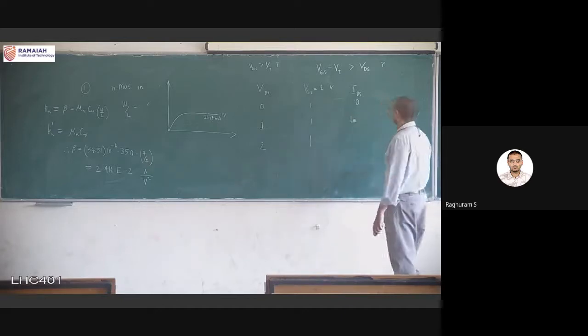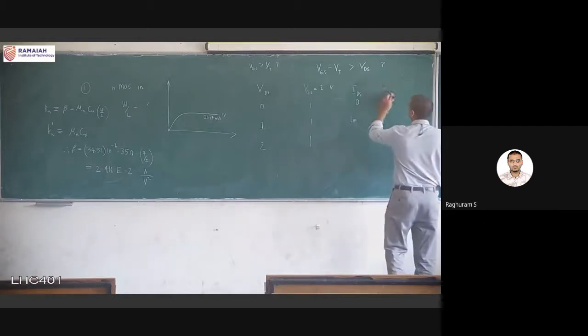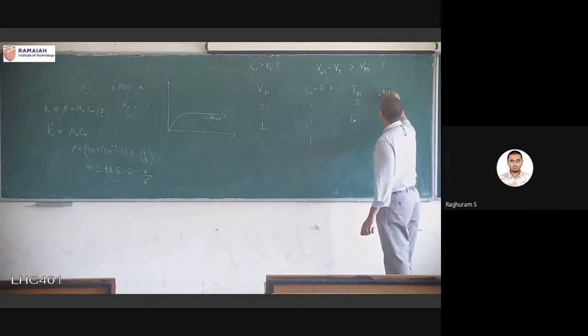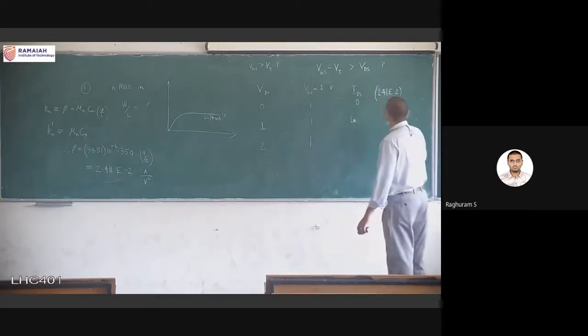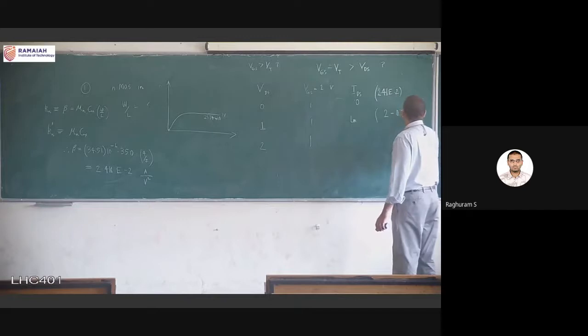And now we have to calculate 2.41 E minus 2. This is my beta multiplied by VGS minus VT, 2 minus 0.7 minus 1 by 2, the whole into 1.